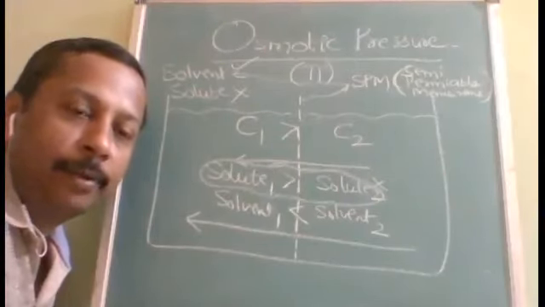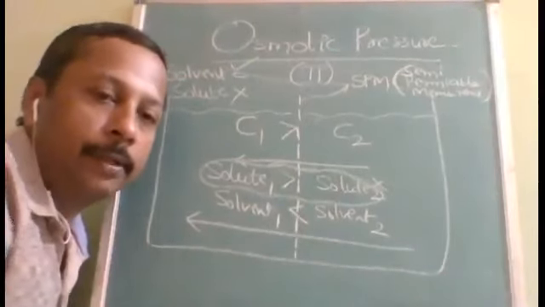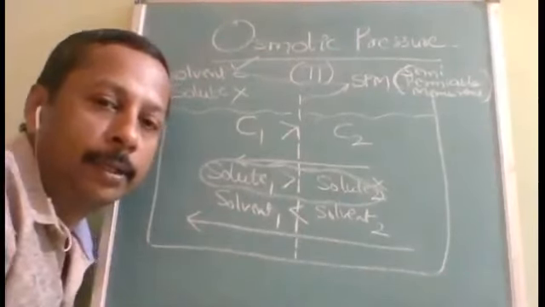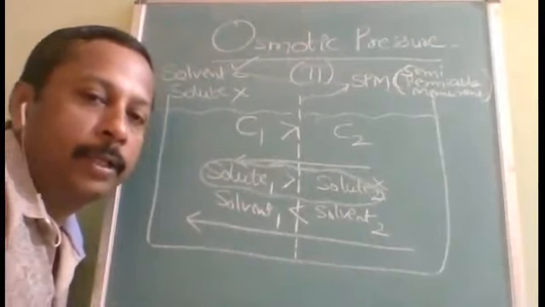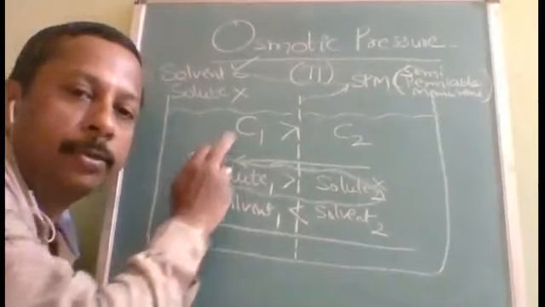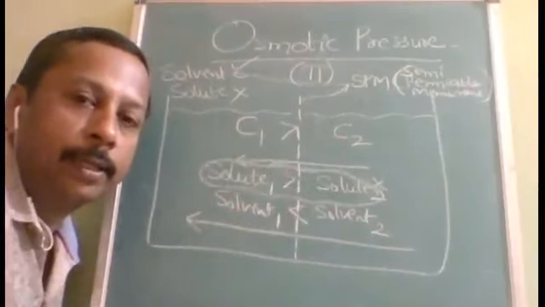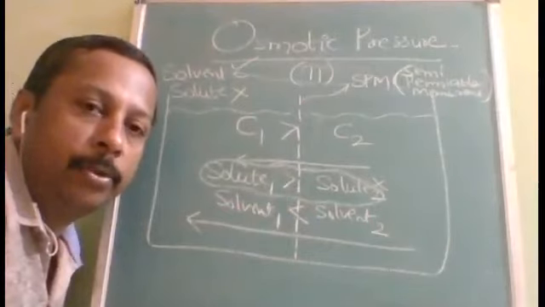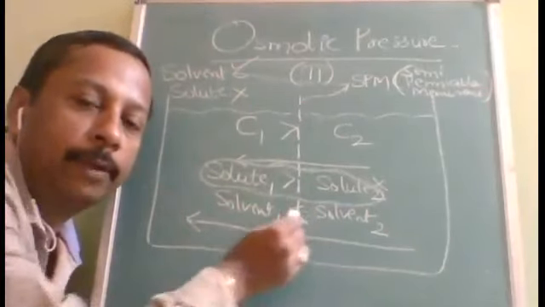When you remove solvent from any solution, its concentration will generally increase. Here also it increases. So when this solvent is added here, its concentration will decrease and the other's concentration will increase. Nobody needs to tell it. On its own, it will keep on moving from here to here.